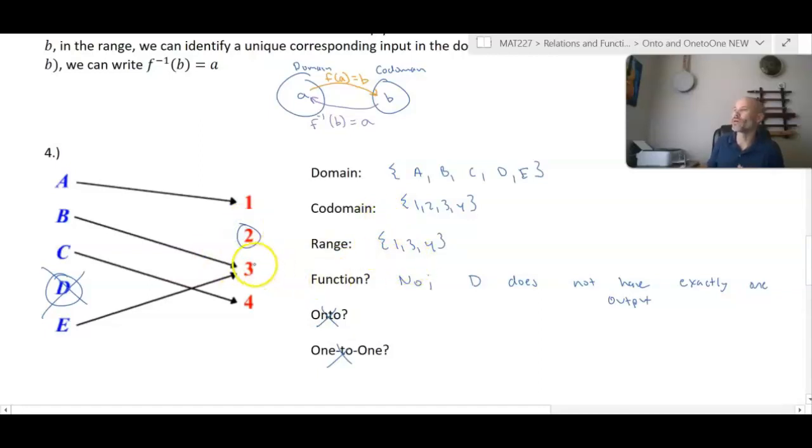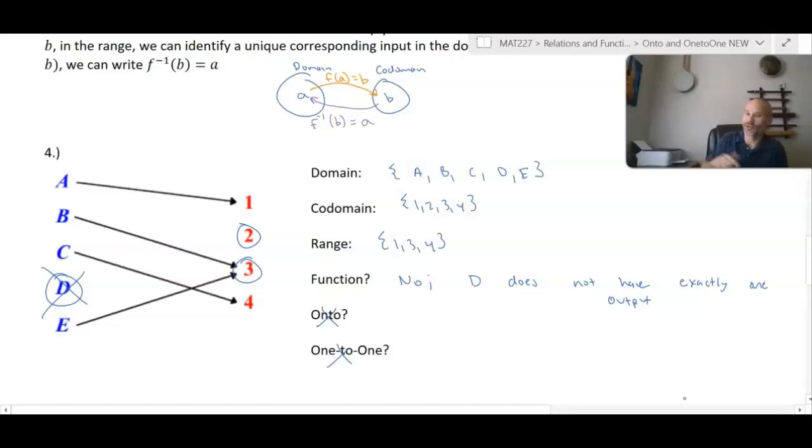And is it one-to-one? Well, no, it's not because the element 3 in the range, excuse me, that element 3 has potentially 2 different inputs that generated it, and we can't determine which one it was with absolute certainty. So it's kind of like, let's say there's a John Smith, and that's the output, and the input is the person's social security number.